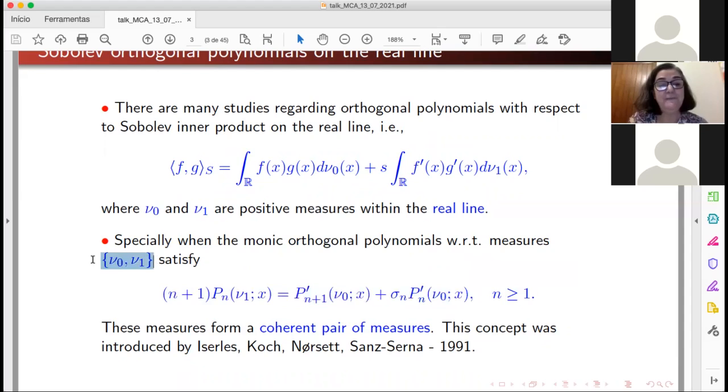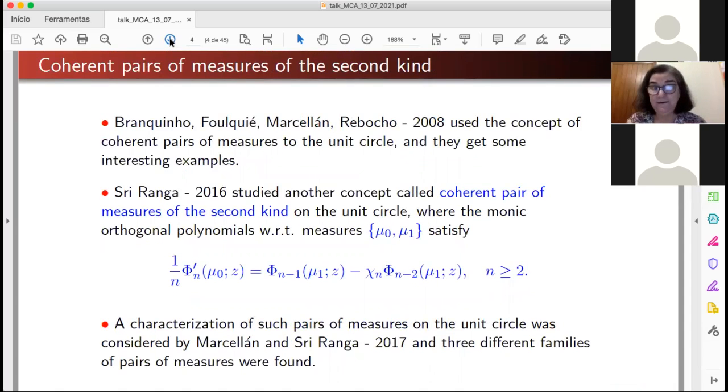This pair of measures is called a coherent pair of measures. This concept was introduced by Iserles and others in 1991, and after this paper there were many studies about these polynomials on the real line. But on the unit circle, there have not been so many studies until now.